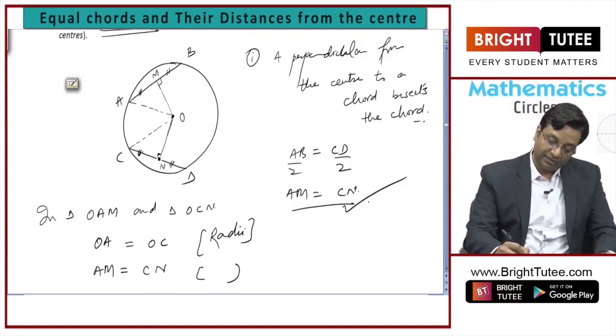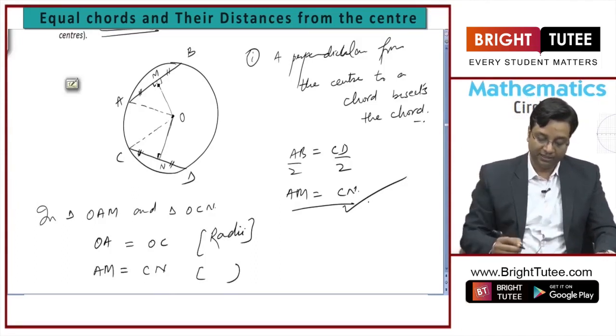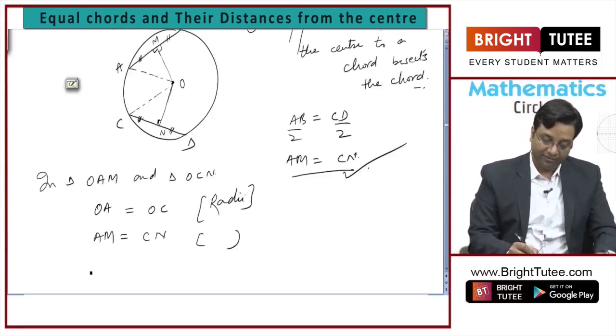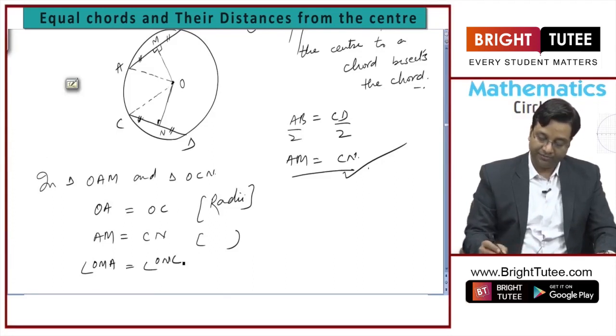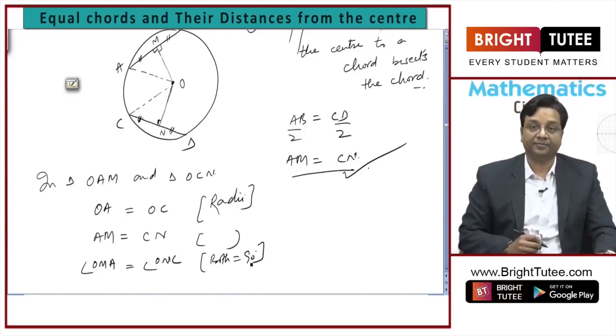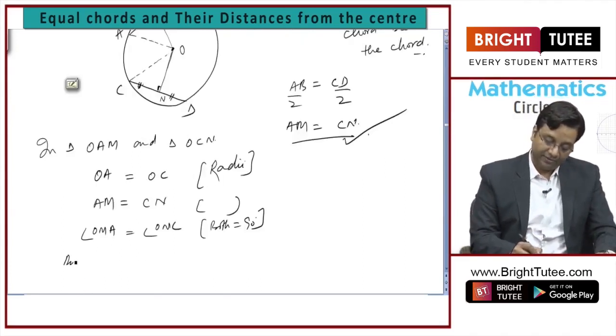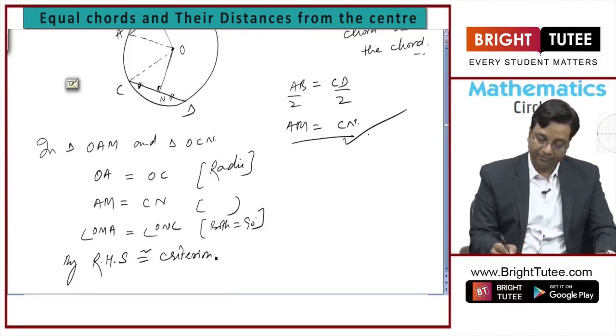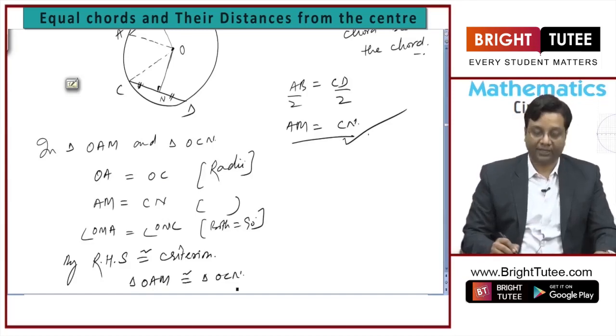Now look at this angle. This angle is 90 degrees, this angle is 90 degrees. So in triangle OAM, angle OMA is equal to angle ONC, right? Both equal 90 degrees, right? So by right angle hypotenuse side congruence criterion, I can say triangle OAM is congruent to triangle OCN, okay?